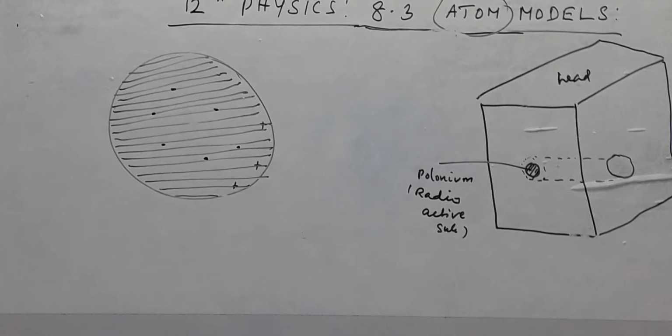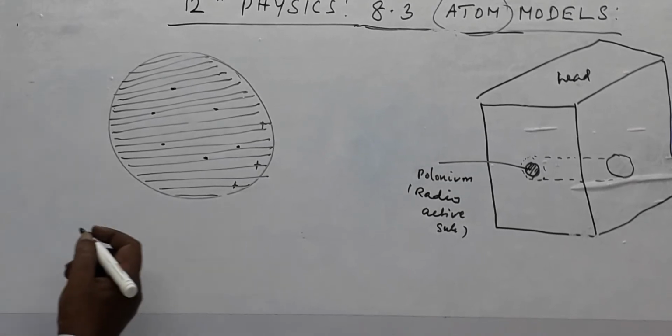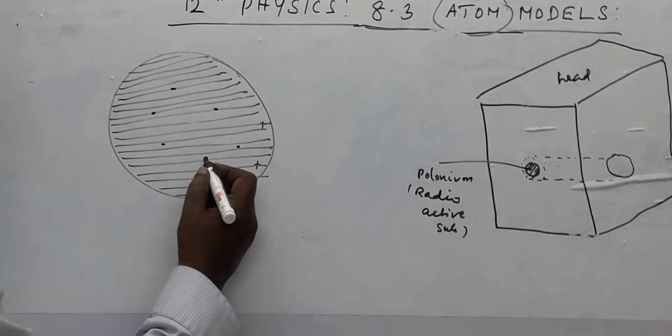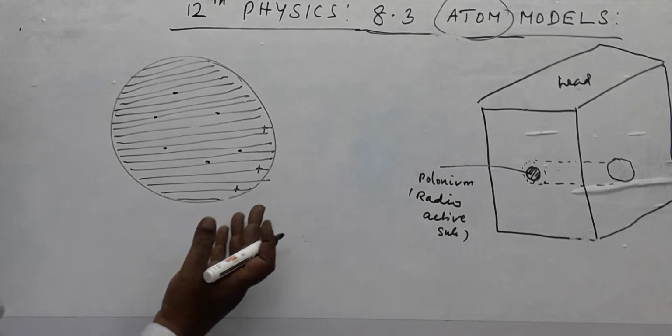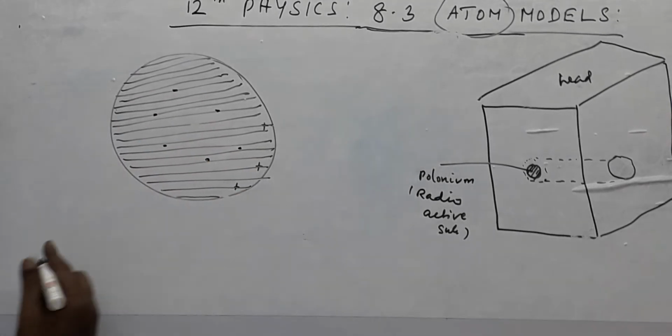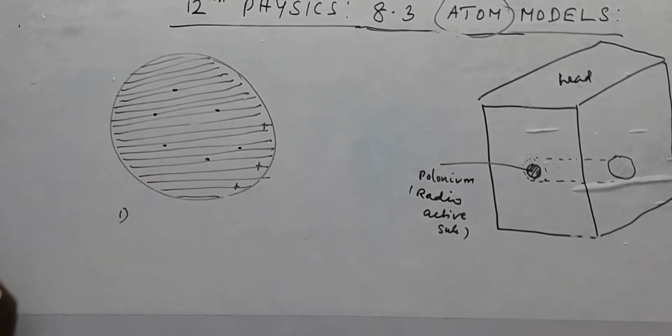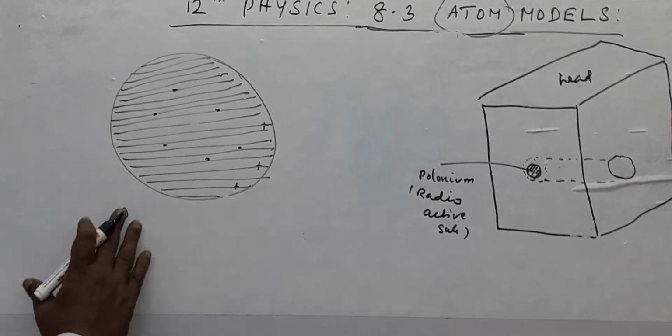But from classical electromagnetics, no stable equilibrium points exist in an electrostatic configuration. That's a very important thing. It cannot explain the stability of an atom. That's the first reason we neglect this atom model: the stability of the atom cannot be explained.